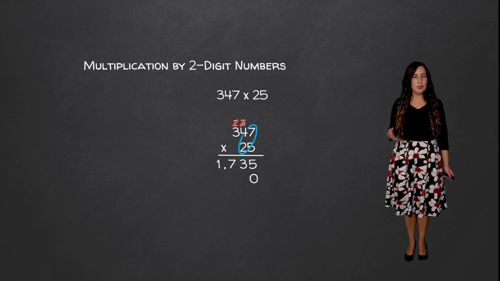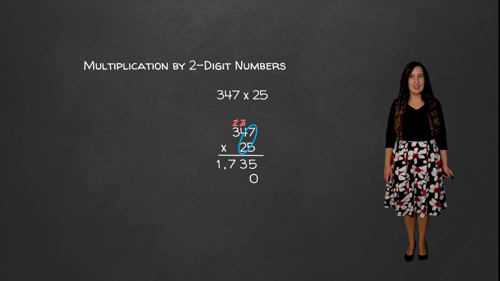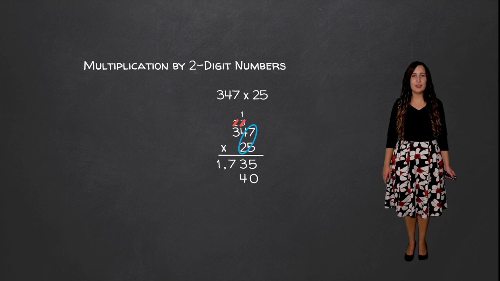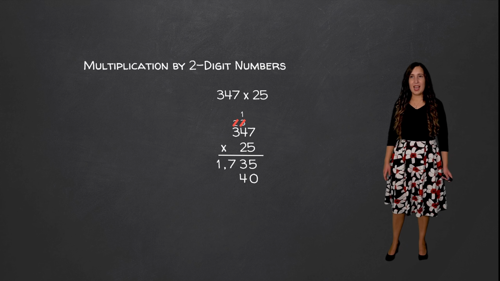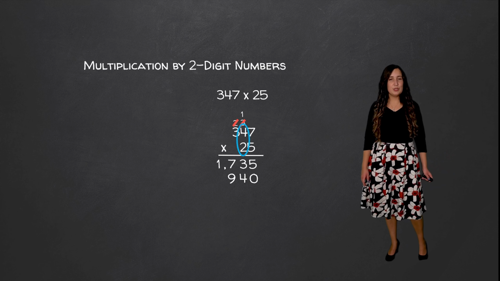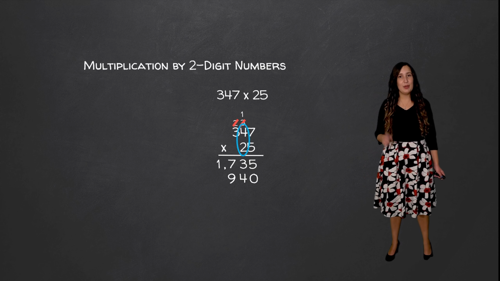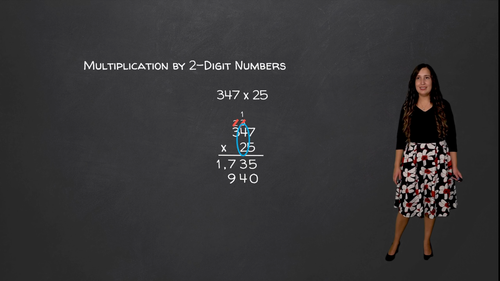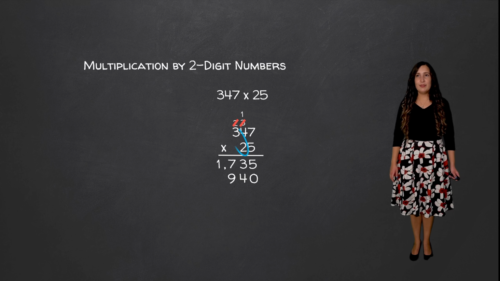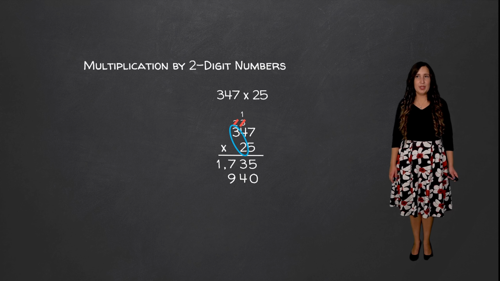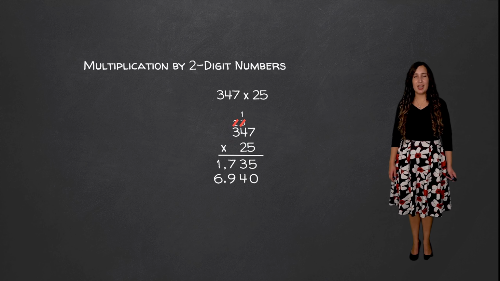So 2 times 7 is 14. Bring down our 4, carry over our 1. Then we have 2 times 4, which is equal to 8, but we add that 1, which gives us a value of 9. And then finally, we have 2 times 3, which is 6. All right, and don't forget to add our commas.